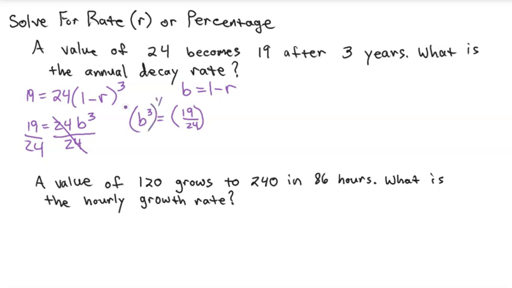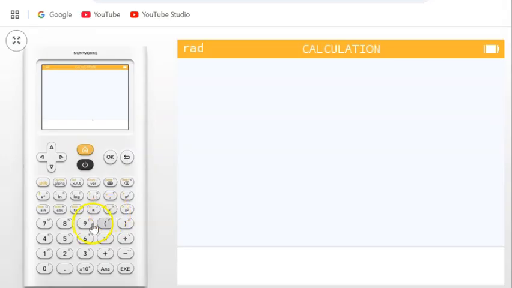We're going to raise both sides to the 1/3 power, because over here, 3 times 1/3 is equal to 1. So this is going to be b to the first power, but we don't have to put the 1 on there. So we just put b is equal to (19 over 24) to the 1/3 power, which we can key into the calculator.